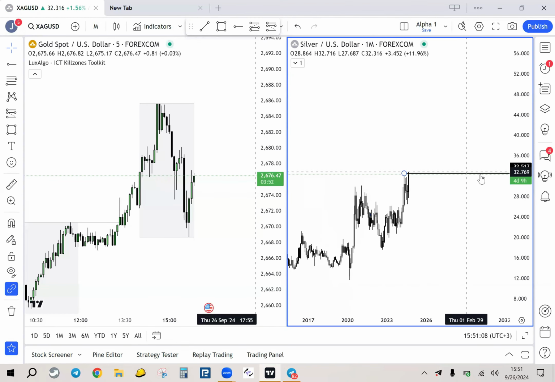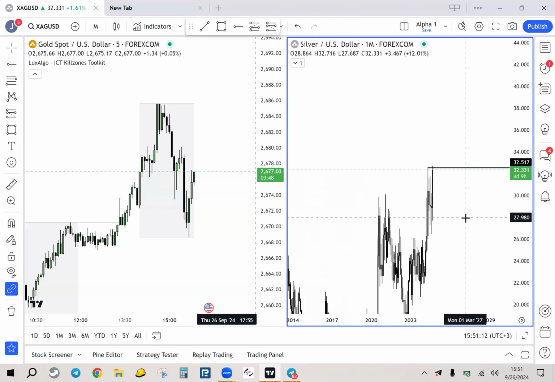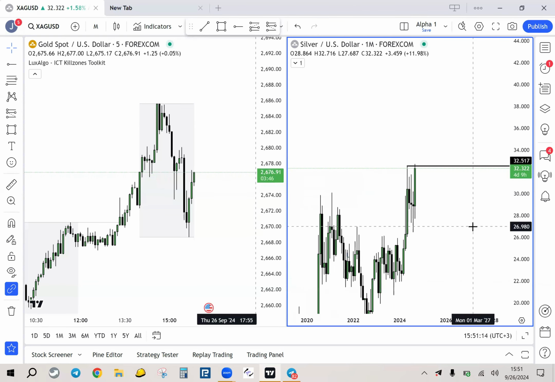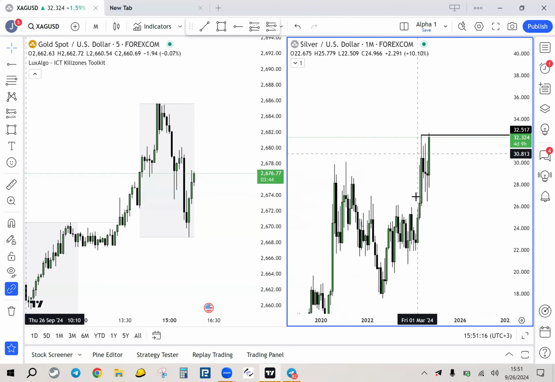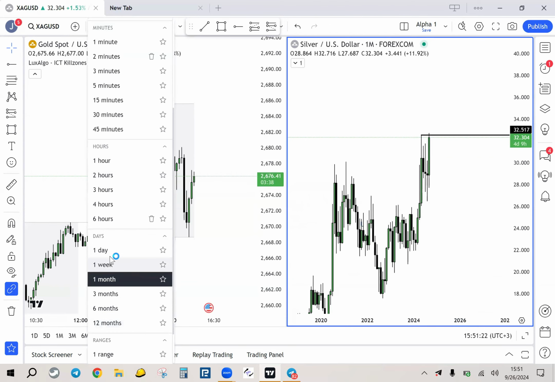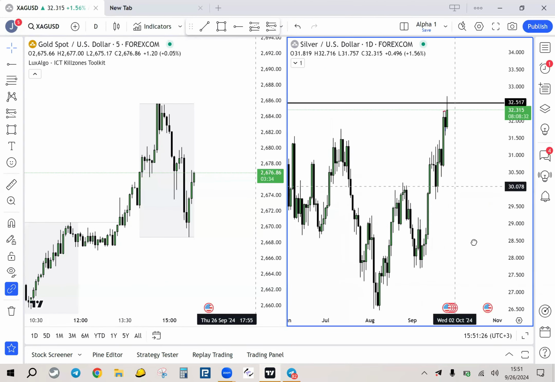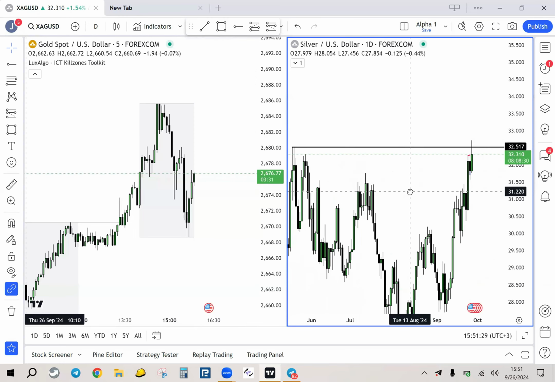Okay, and now we're trading at about $32.50. So we're very far away from silver's all-time high. However, we have just gone above an equal high. Okay, so this could be a big deal or not, right?